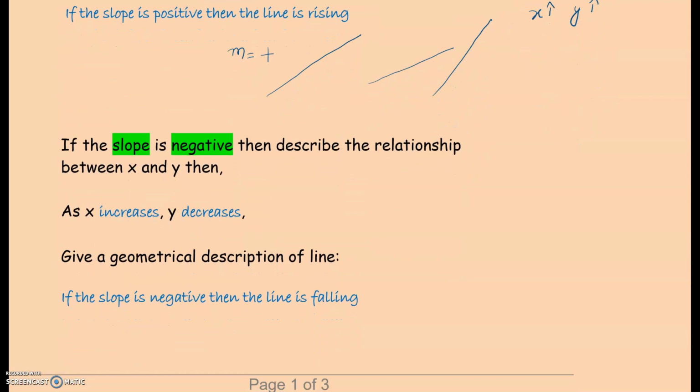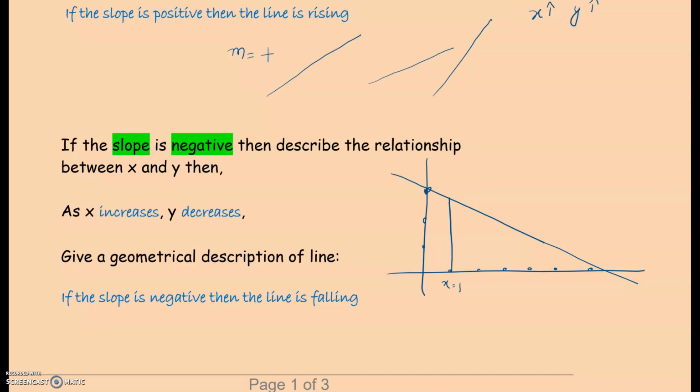If the slope is negative, it would be a falling line. A line like this would have negative slope. Let's put an x and y axis and look at x equals 1.